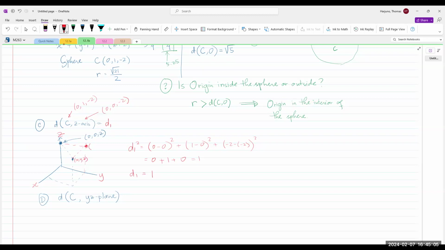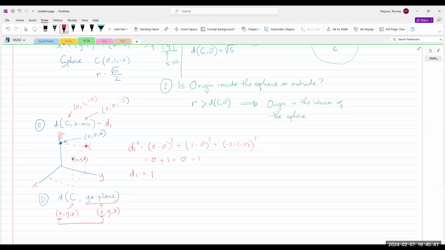Don't forget what we learned 2 days ago. Every coordinate on the yz plane will look like, I wonder if you remember, 0, y, z, right? So if we have coordinate C, x, y, z, and we want to find the distance from that coordinate C to the yz plane, you will see it's basically looking at the difference of the x's. The y and z must be the same, right?